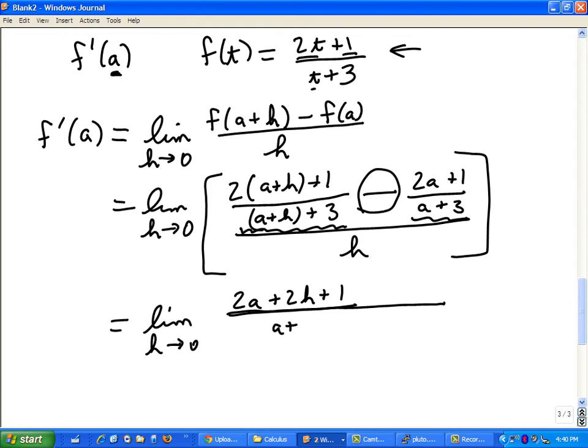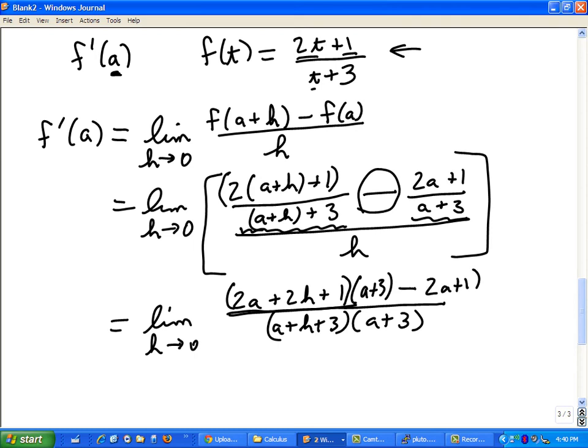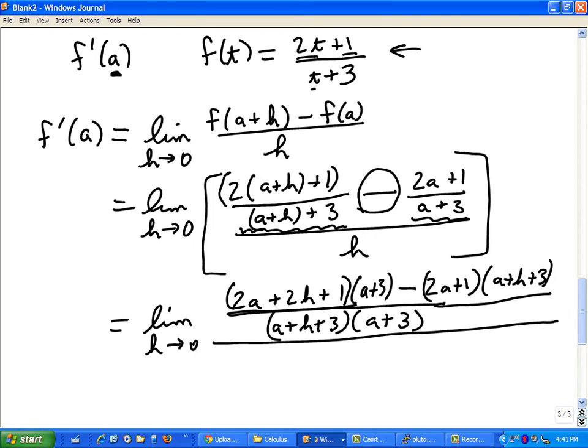So I need to multiply 2a plus h plus 1, that's this guy, by a plus 3, and then subtract 2a plus 1 times the other denominator, which is a plus h plus 3. And now that's all over the common denominator. And that whole thing, remember h, is still there, still divided by h. So what we have to do now is make this a compound fraction, h over 1, flip and multiply by it.